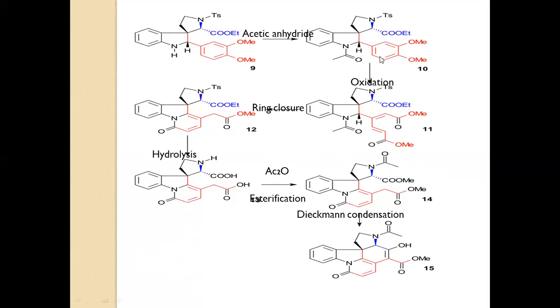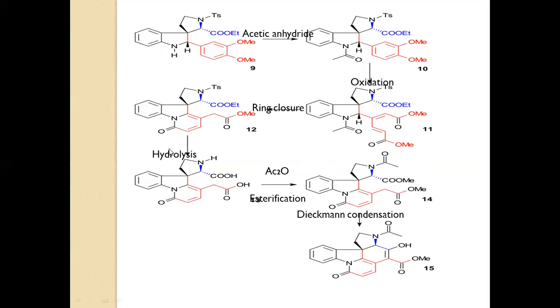The ring opens. Here the benzene ring undergoes oxidation. The ring opens. Next, this particular compound again undergoes ring closure. So here this ring is opened, and here this ring is formed automatically. One ring opened, and in the next step another ring is formed.